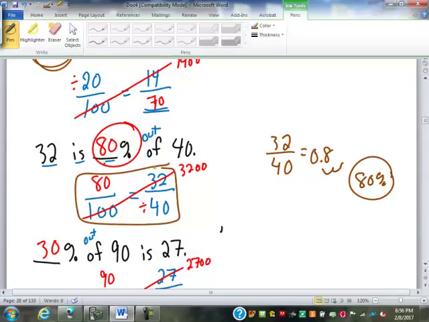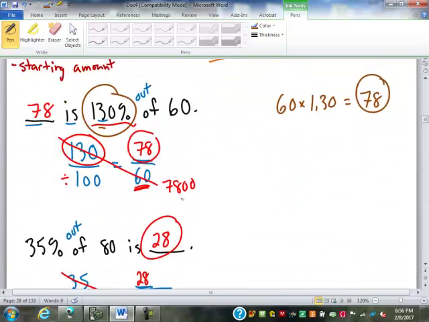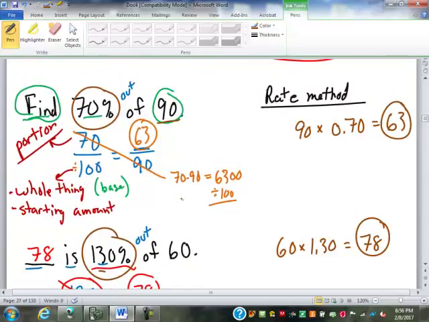This method, the proportion method, is always the same. Once you figure out where to put the numbers in there, it is always cross, multiply, and divide. When we look at word problems here in a couple minutes, there's a lot of things in word problems that are simpler when we do it as proportions that are easier to line up. Now, with that said, there are a lot of applications where the rate method is extremely useful, especially when it's like this, where we have the whole thing.